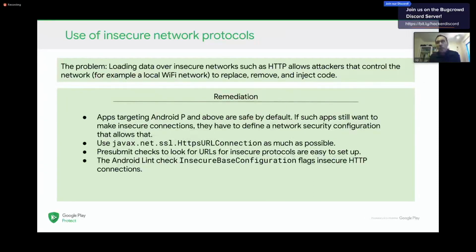So you want to use that, not the old HTTP URL connection. It's fairly easy to have static checks. You can have your own pre-submit checks if you run any kind of source control system or continuous integration system. You can use an Android lint check if you're using Android Studio to build your applications. So a whole lot of stuff is there.